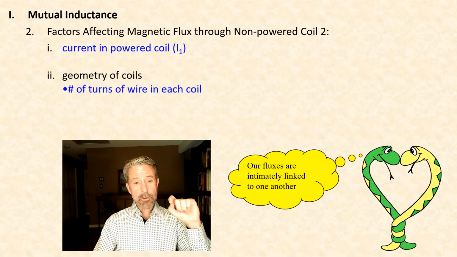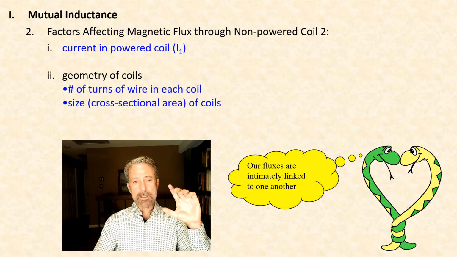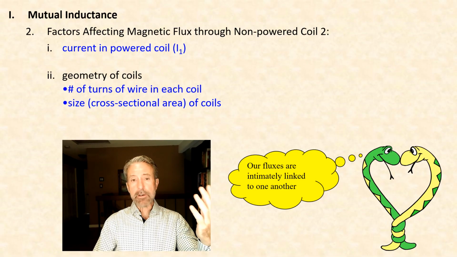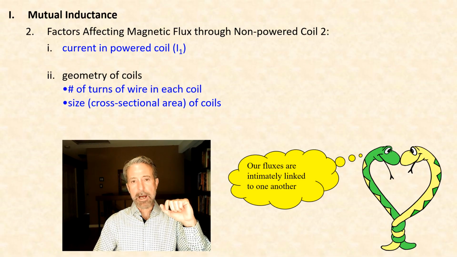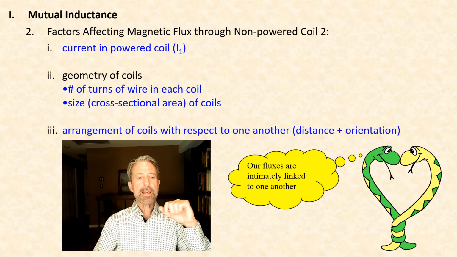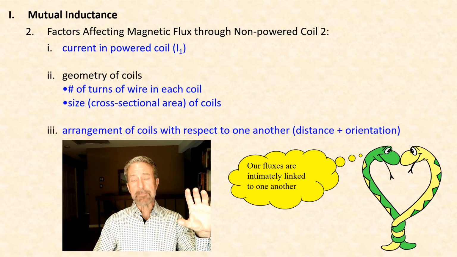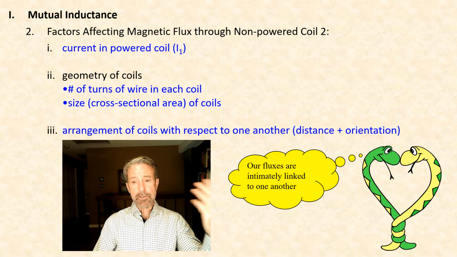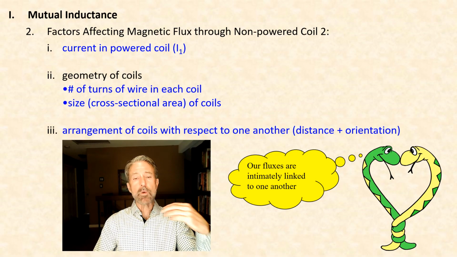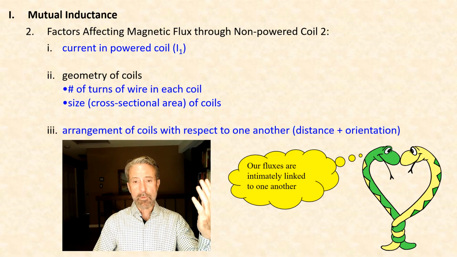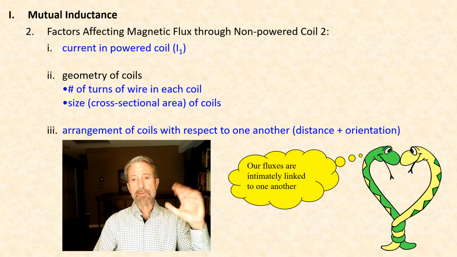The number of turns of wire in each coil, as well as the cross-sectional area of the coils, will have an effect on the magnetic flux through the non-powered coil. And finally, the arrangement of the coils with respect to one another, that is the distance of the coils from one another as well as their orientation with respect to one another, will also affect the magnetic flux through the non-powered coil.